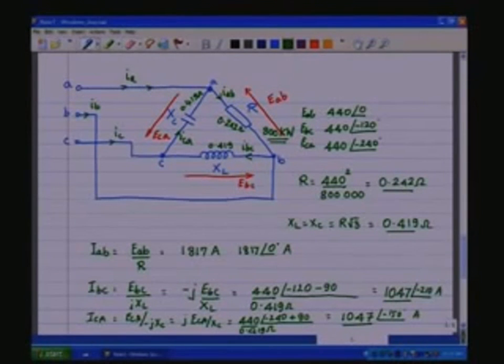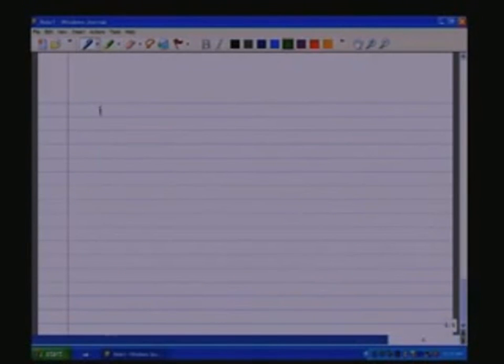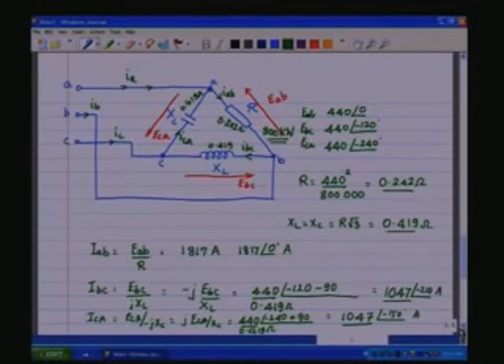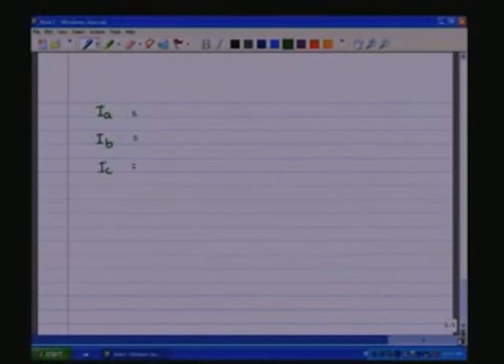The effective value of IA, IB, IC is also to be calculated. IA is this current, that is IAB current, minus ICA current.